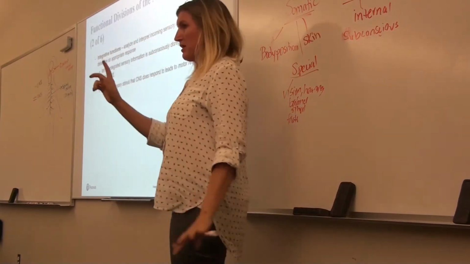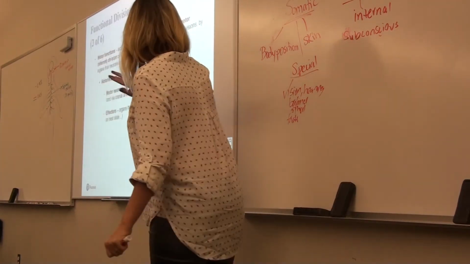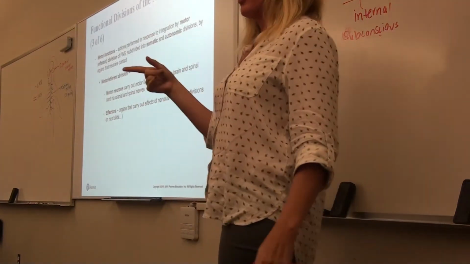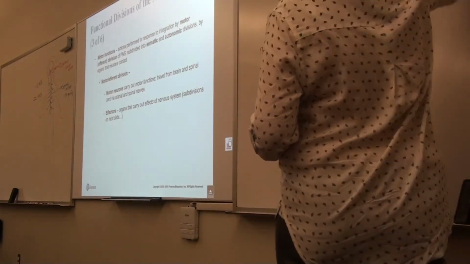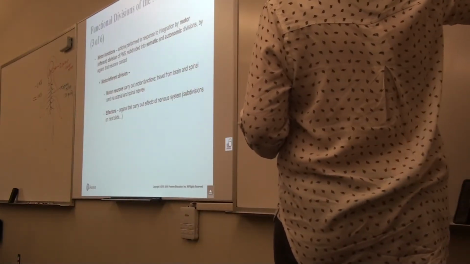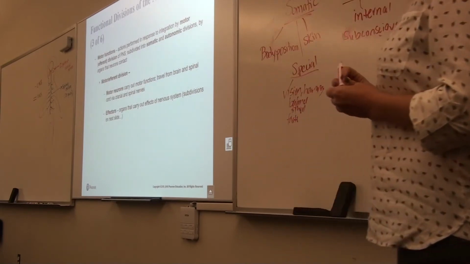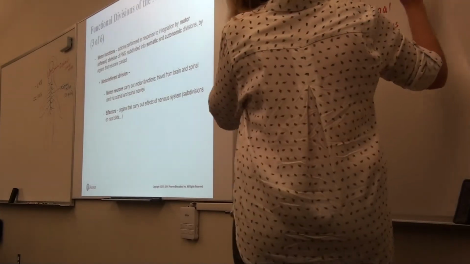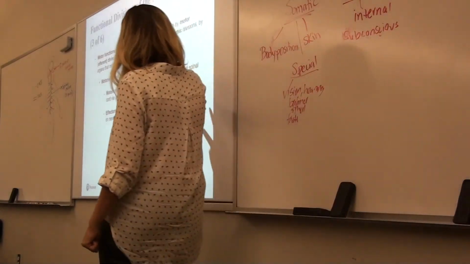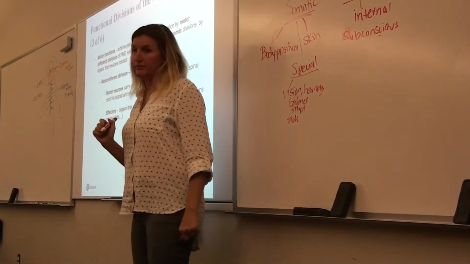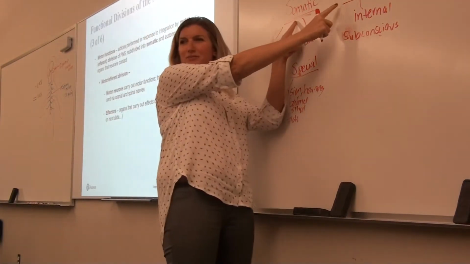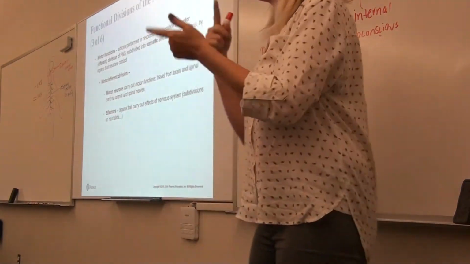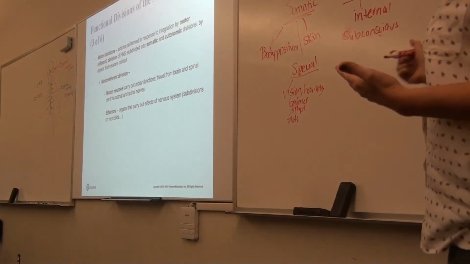Nope. Amazon Prime that. So, our motor division is our other functional division. This is carrying our motor commands, right? So here we have, again, somatic and autonomic. We had somatic and visceral sensory, and just have a different word, but it's the same concept.